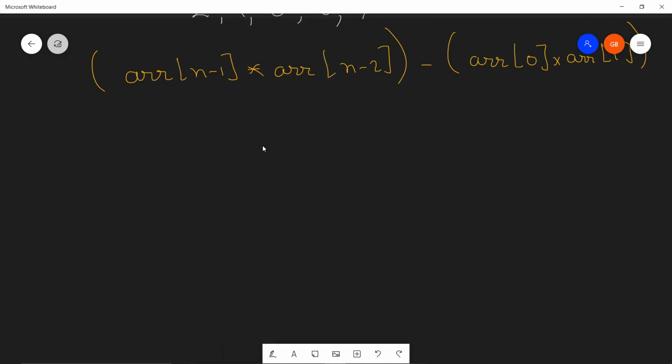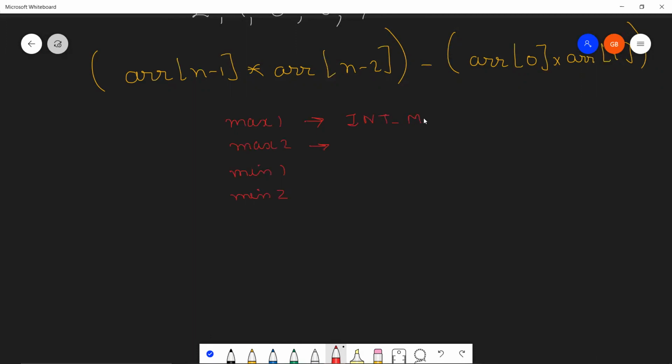You are just going to assume 4 variables, let's say max1, max2, min1 and min2. The max ones would be INT_MIN in the beginning, and the min ones would be INT_MAX.